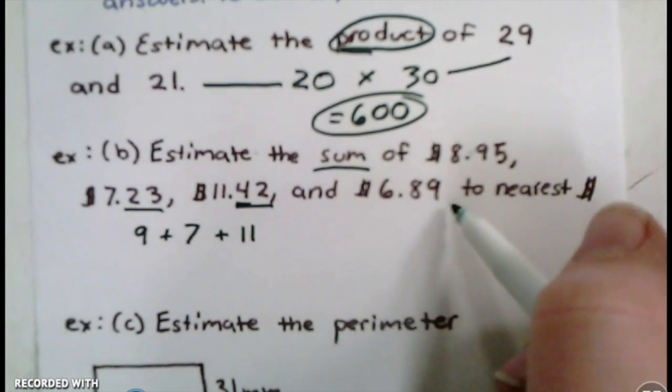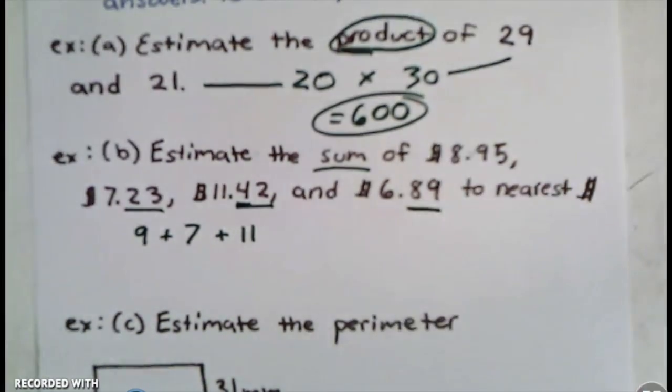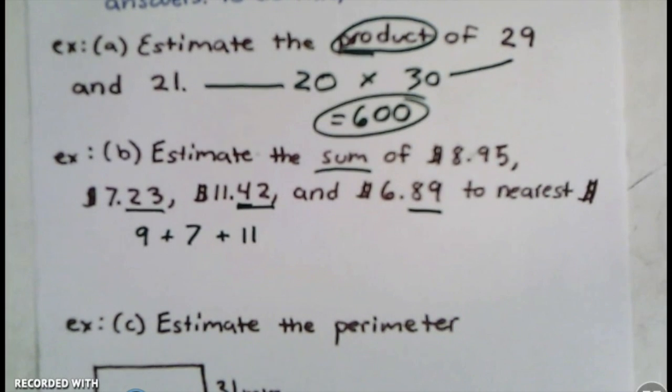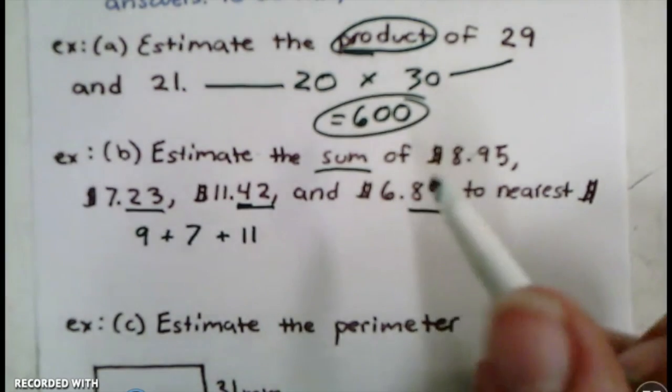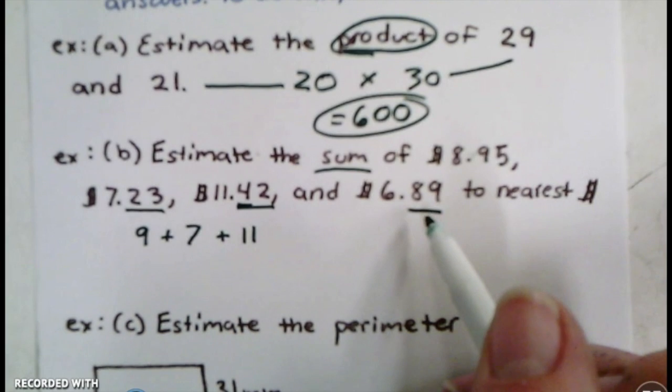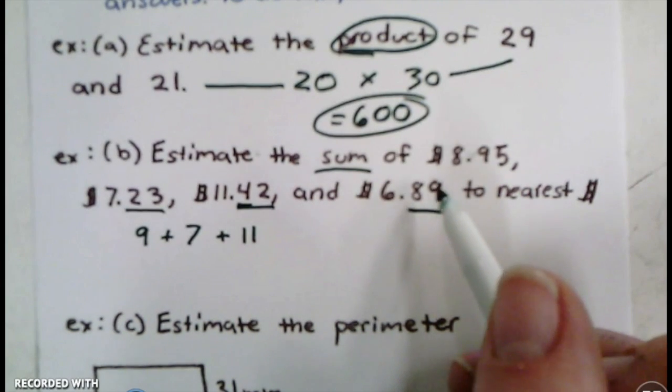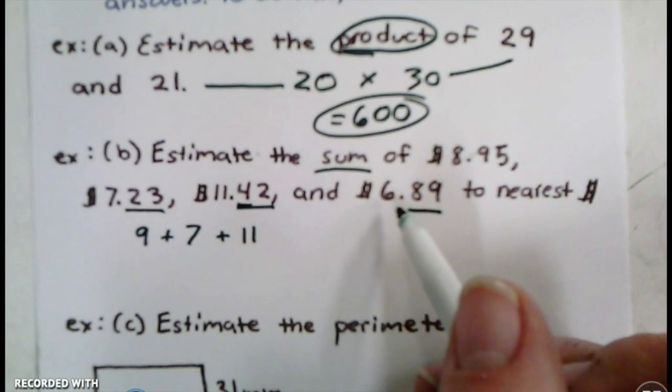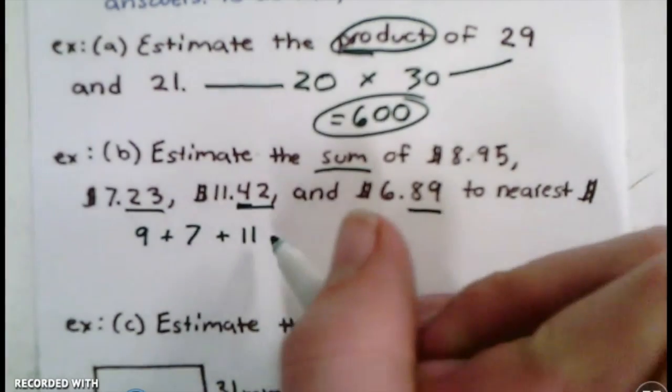And $6.89, so my 89, is it going to round up or is it going to round down and stay? Good, it's going to round up. So 89 cents is closer to $1 than 0. It's more than 50 cents. So it's going to round up and give us another dollar, which is going to make this $7 instead.